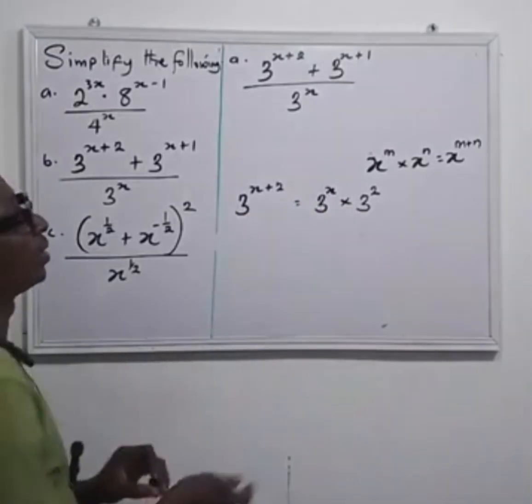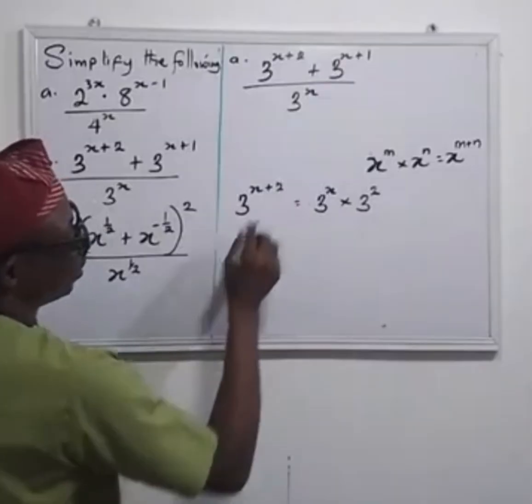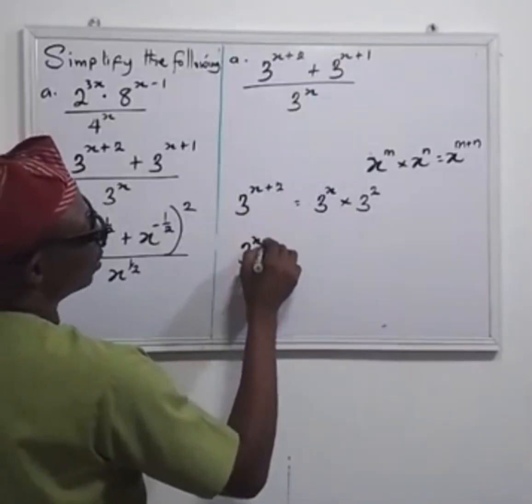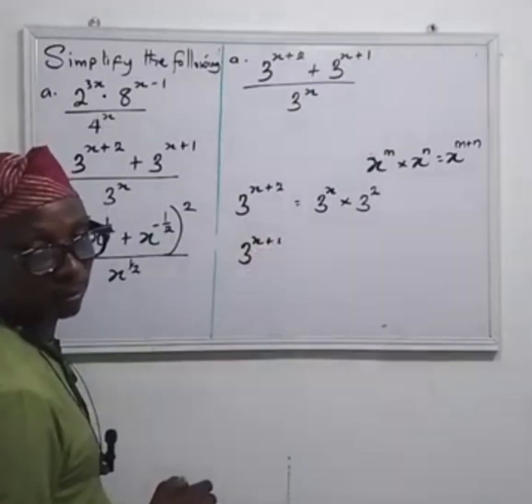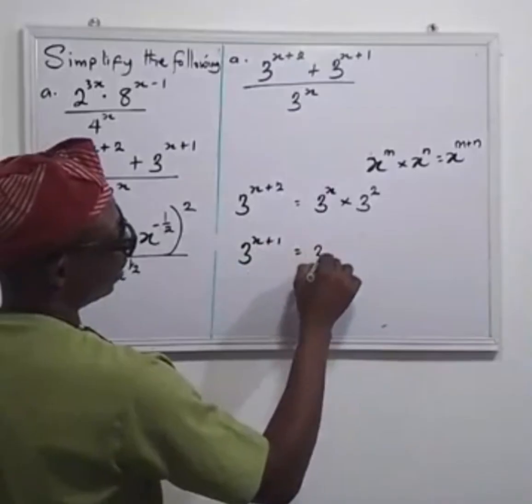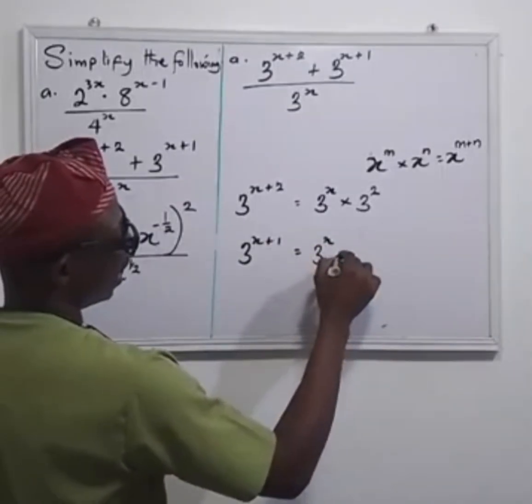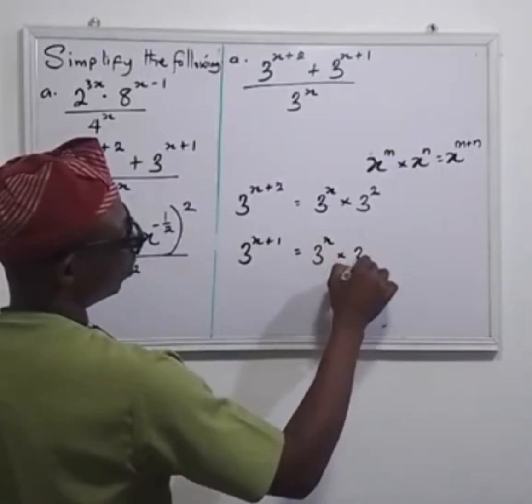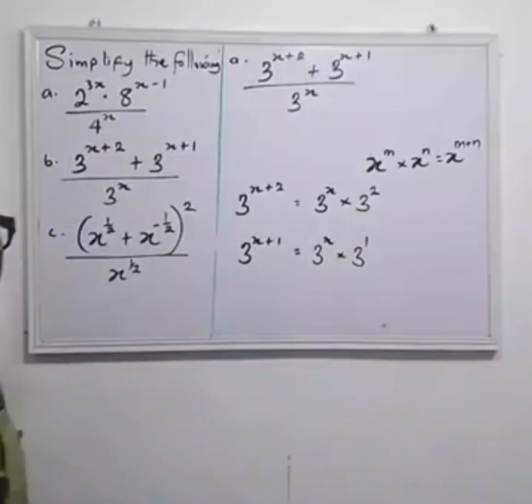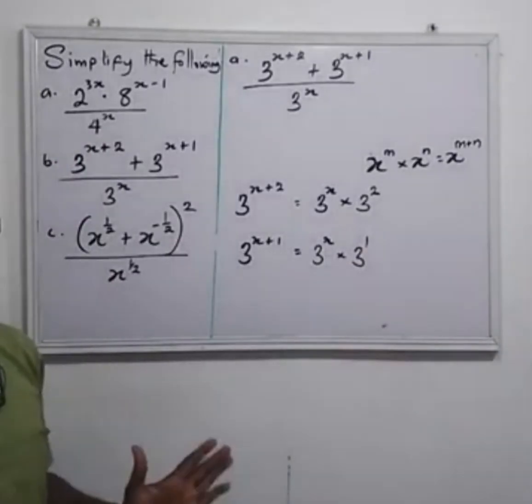Now let's look at the second term. 3 raised to the power of x plus 1 can be expressed as 3 raised to the power of x times 3 raised to the power of 1. I want to believe you understand that.